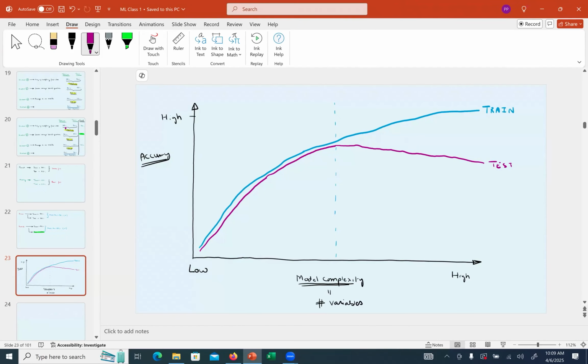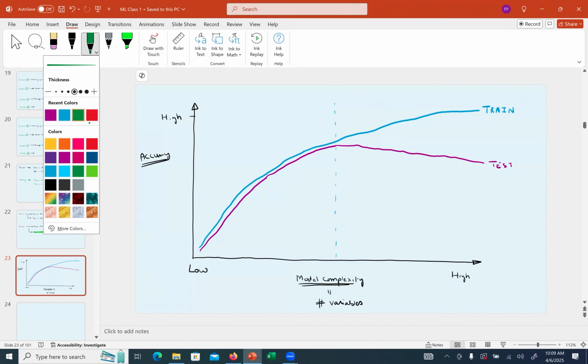Now, at which point am I getting the highest model accuracy? At this point.